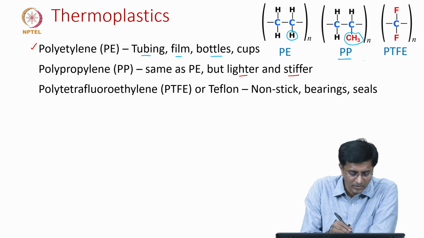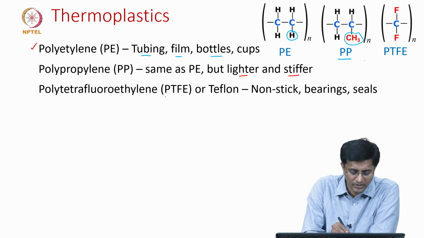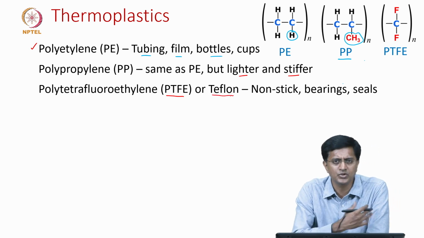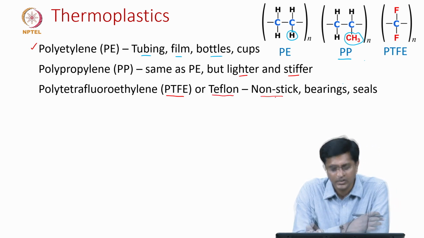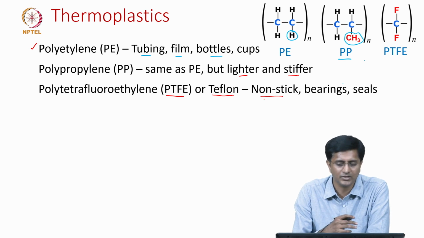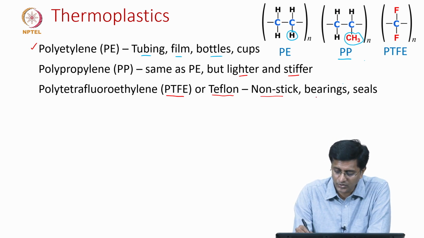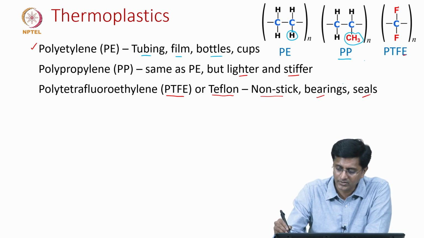Next we look at polytetrafluoroethylene, in short PTFE, and Teflon is the commercial name by which most of us know this polymer. We use it in non-stick pans at home, and it is also used in bearings and seals. The hydrogen atoms are replaced by fluorine.